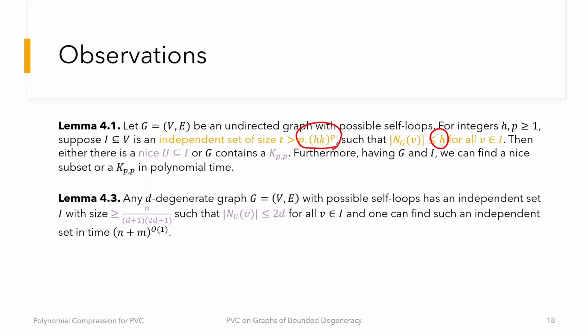And also, if we have the graph and the independent set, we can find the nice subset or the complete bipartite graph in polynomial time.